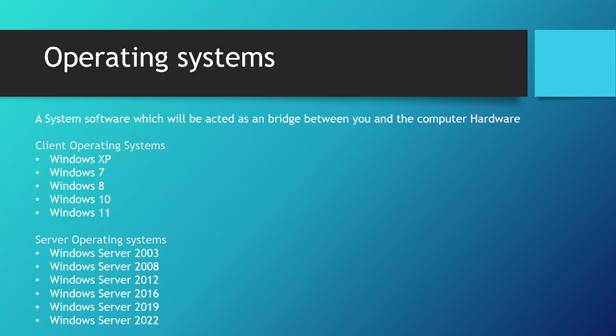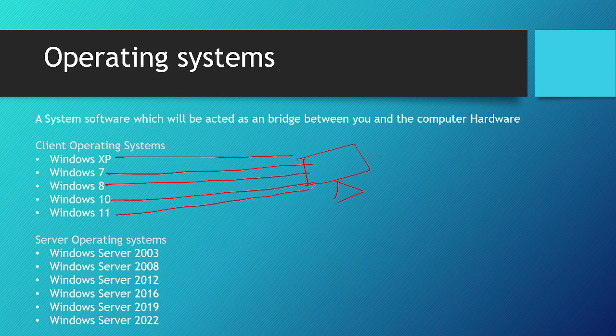The laptop you have at your home predominantly has a client operating system. Either it will have Windows XP, Windows 7, Windows 8, Windows 10 or Windows 11. So if your laptop has any of these operating systems, we call it a client computer.